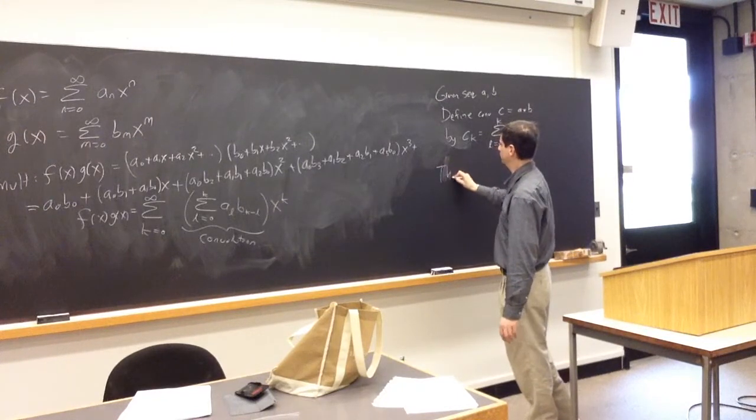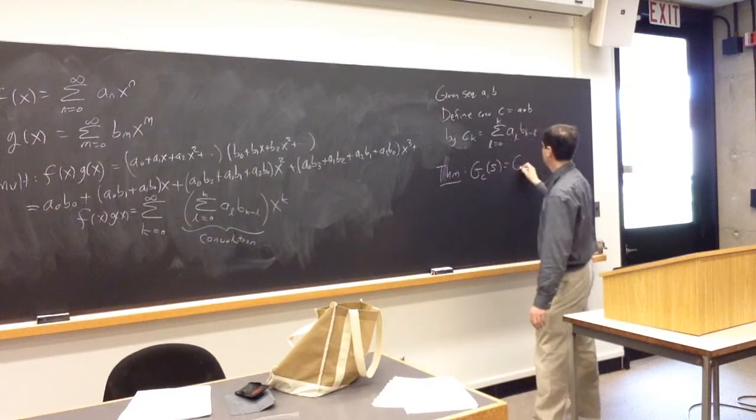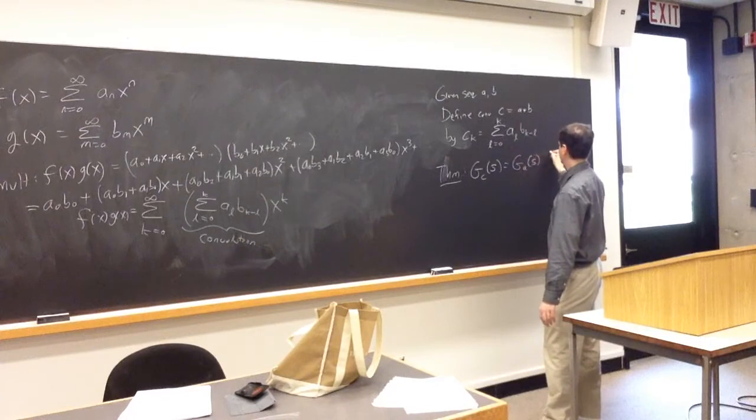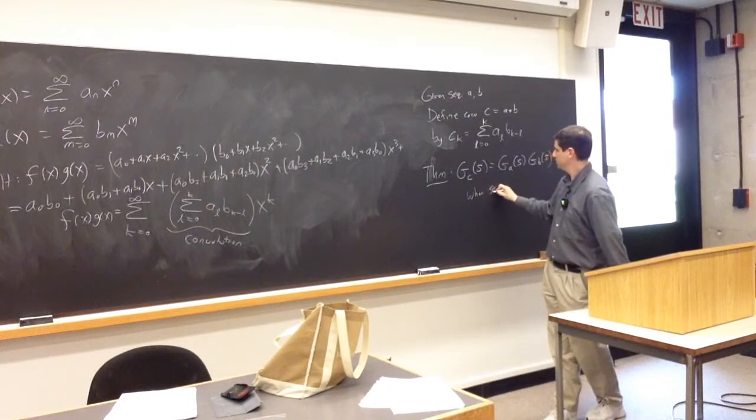And then we have the following theorem: G_C of s equals G_A of s times G_B of s, when the series converge.